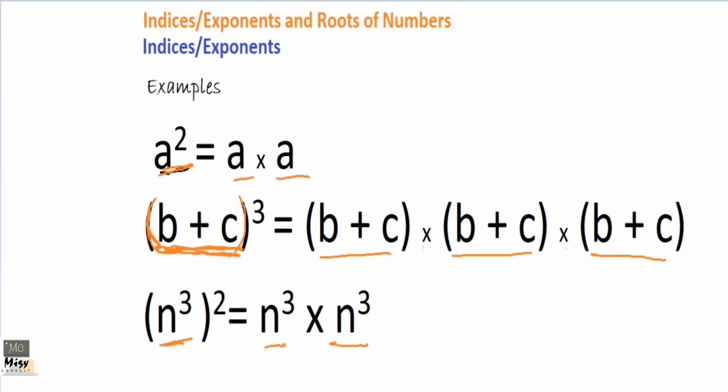So let's move on. We'll be standing on this basis to build on everything. So remember once again that any base raised to the power of the index means that the base is going to multiply itself the number of times the index shows. Okay, so let's get going.